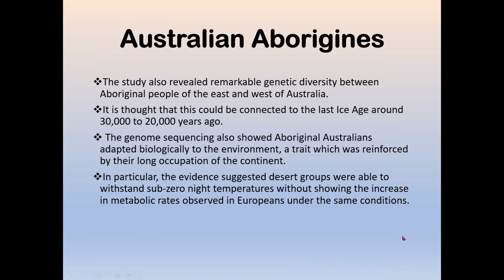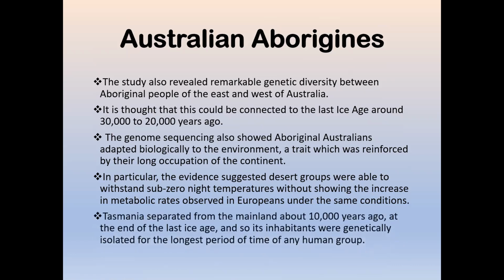But a lot of Aborigines today, most of them, are not pure blood, and so it probably varies. So by the time the Ice Age developed, there were already Tasmanian Aborigines, and they were separated for a long, long time, about 10,000 years. And because they were genetically isolated, they had their own mutations.